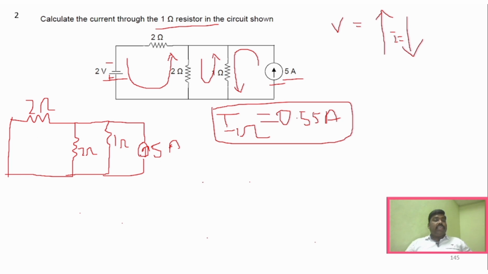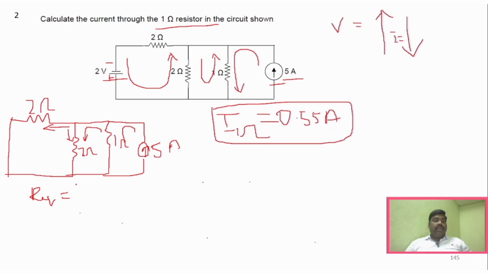How will I simplify this circuit? You can see here, right now the current flows across this direction. So at this terminal, what will happen? The current will be split, right? So these two and this two will be parallel. So how will I find out the parallel connection?